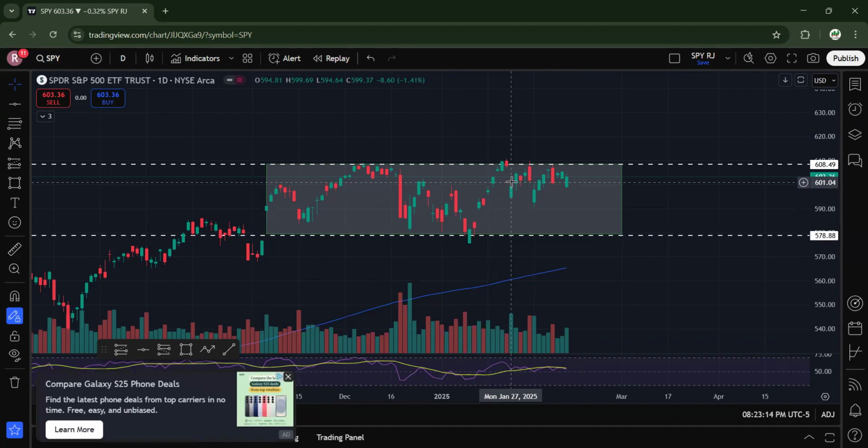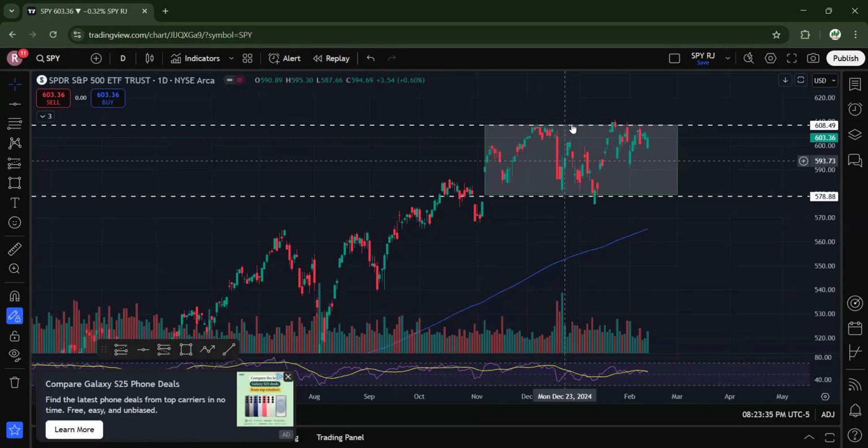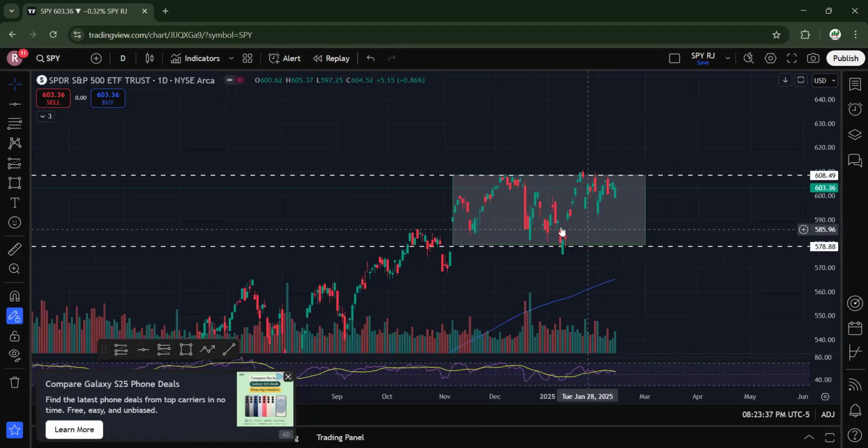You're not gonna get the next move until 610 for upside and 578 for downside. Like that's what it is. All right. And then you start thinking, okay, if that's where the move occurs, how far is it gonna go? To the upside, you don't know. All right. You don't know because this is the all-time high.